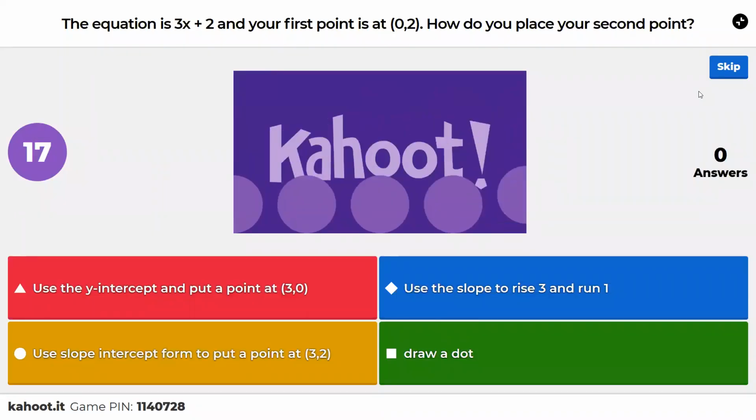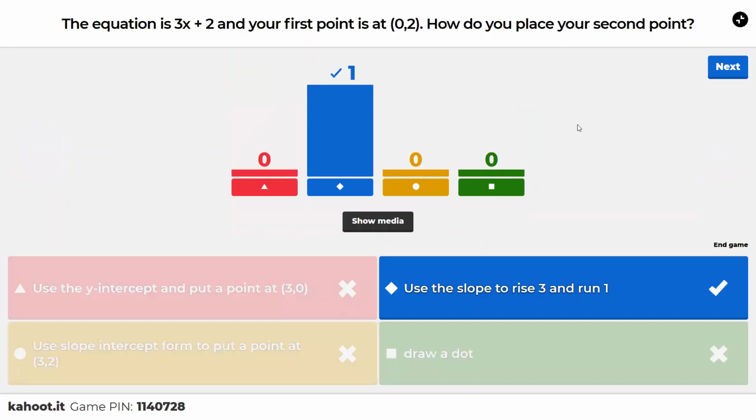Okay, the equation is 3x plus 2, and your first point is 0, comma 2. How do you place your second point? All right, blue is the correct answer. Once you place your y-intercept, you do rise over run. Good job.